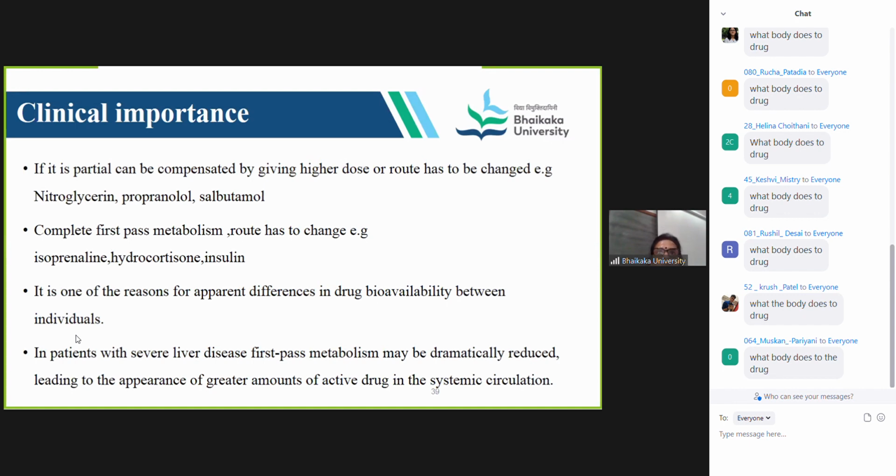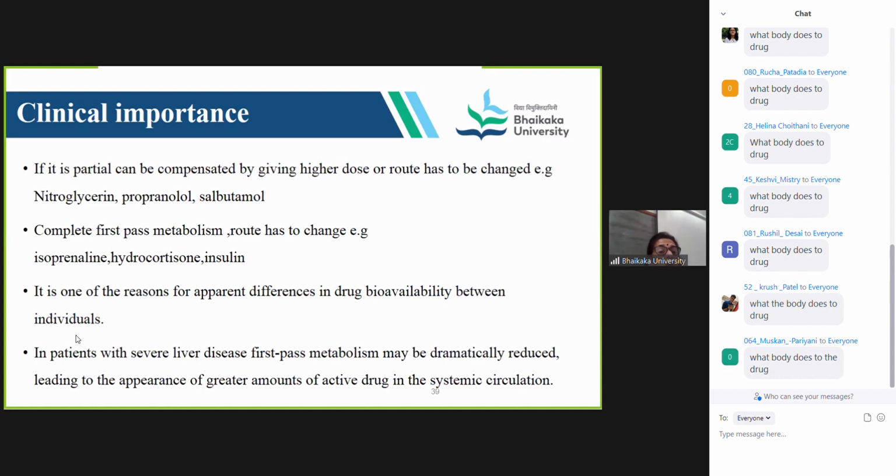Propranolol, if it has to be given, a higher dose is required. And salbutamol is one of the drugs which is given in bronchial asthma. The route has been changed, so it has to be given by inhalational route. Okay, for the effect or proper absorption, one has to see this factor.